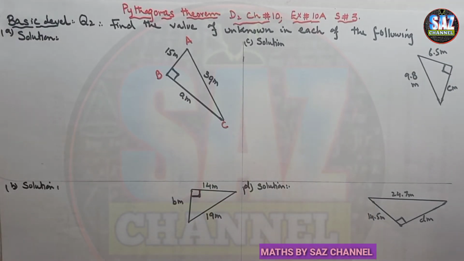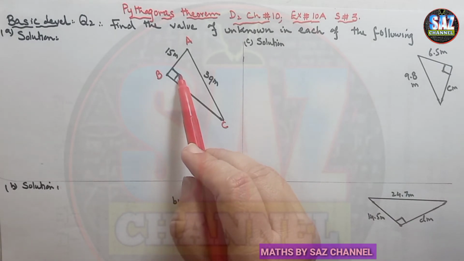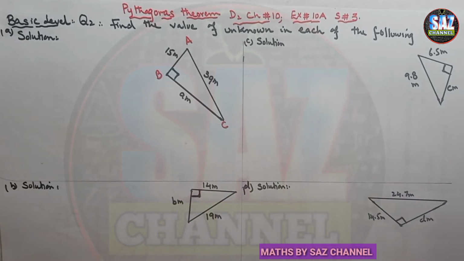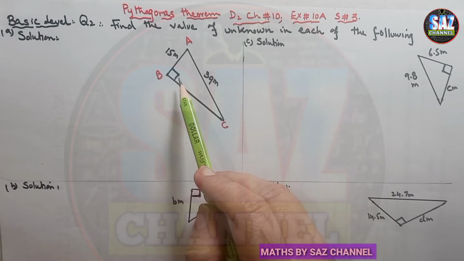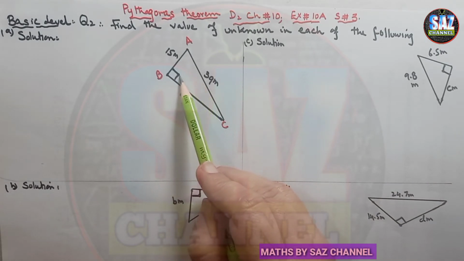Now, recall what Pythagoras theorem was. According to Pythagoras theorem, the square of the hypotenuse. And how will you identify the hypotenuse? Hypotenuse will be the face which is opposite or in front of the 90-degree angle.